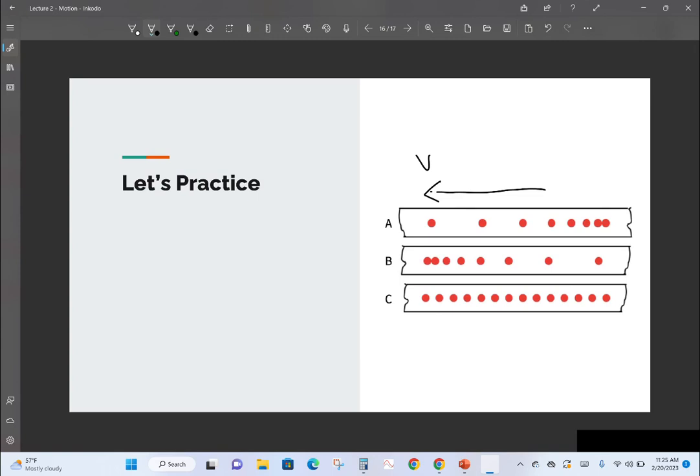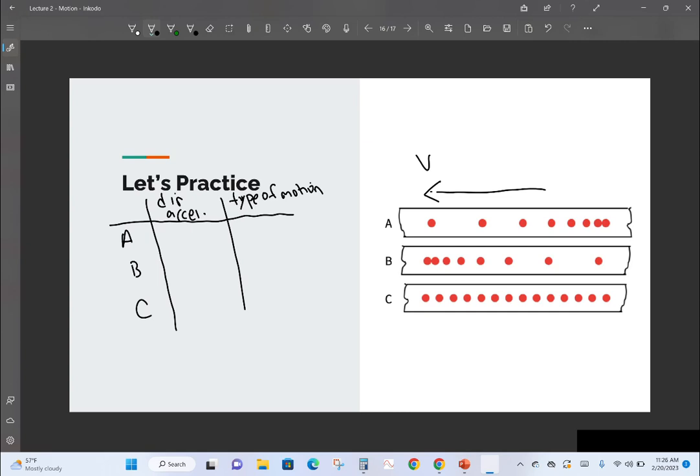What we're going to do is put the direction of acceleration for all 3 of them, and the type of motion, which would be being at rest, traveling at constant speed, slowing down, or speeding up.